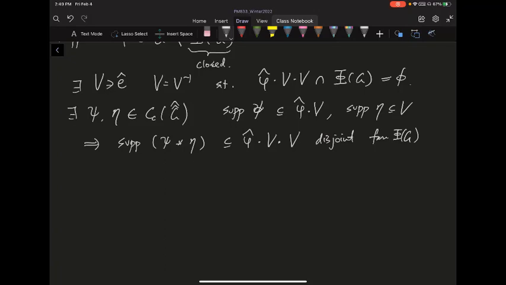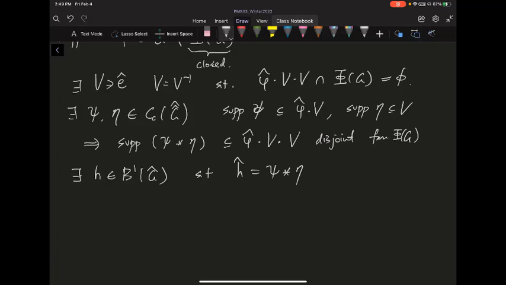You think about that as the dual of the G hat. So there I can find some h inside the L1 function of the G hat now, so that this is equal to ĥ. Okay, so ĥ is equal to ψ convolved with η.